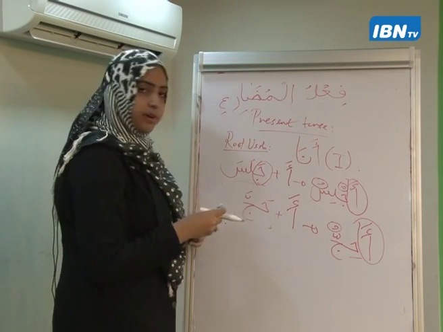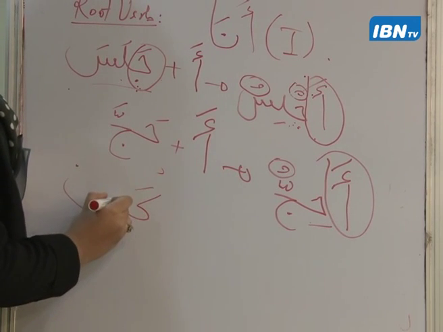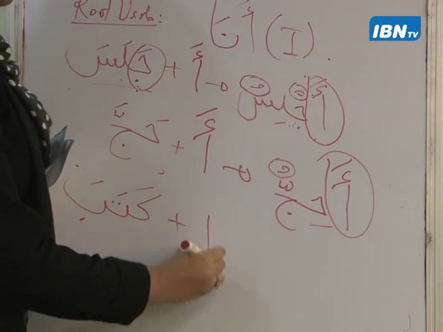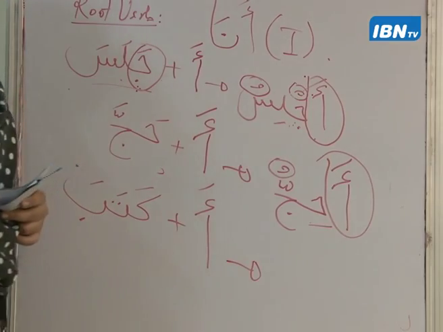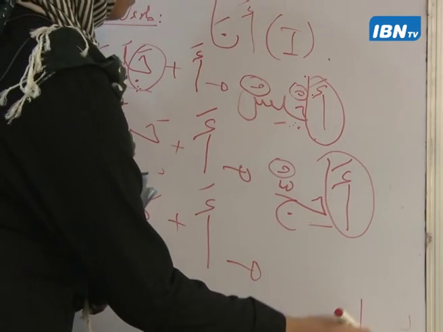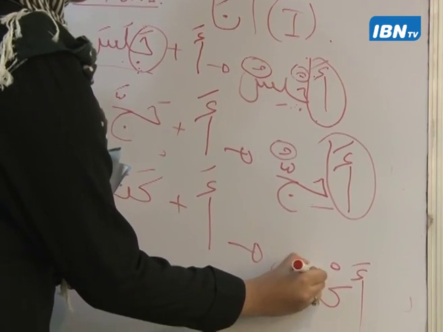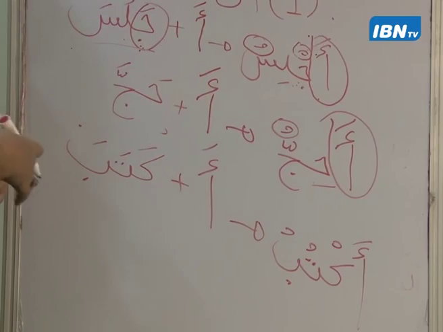Say I have another root verb, kataba. Same thing. I will add an alif, the hamza, and an accusative, and kataba will become aktubu. So kataba becomes aktubu. Hajja becomes ahijju.